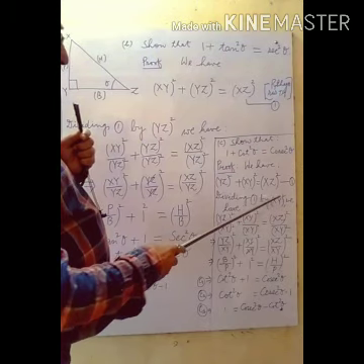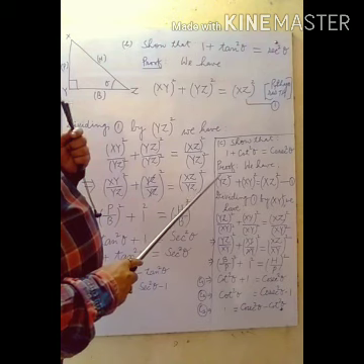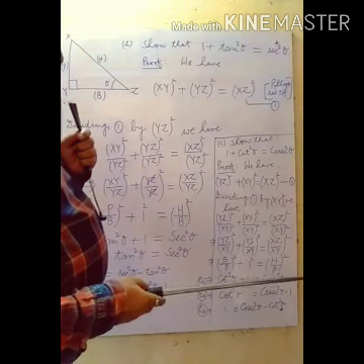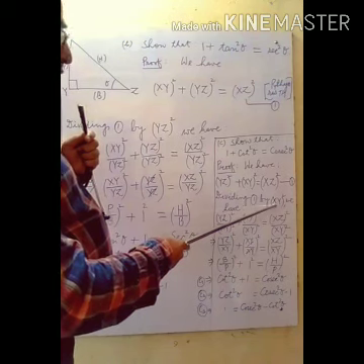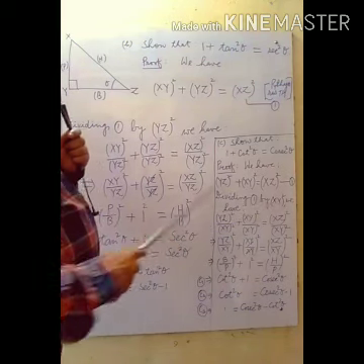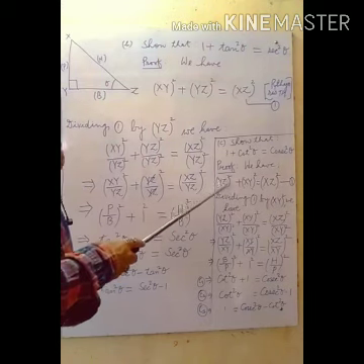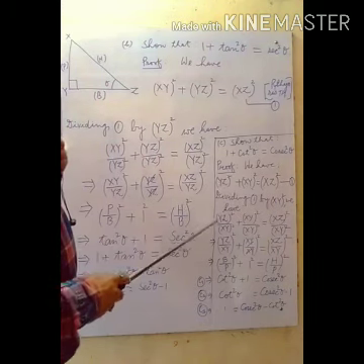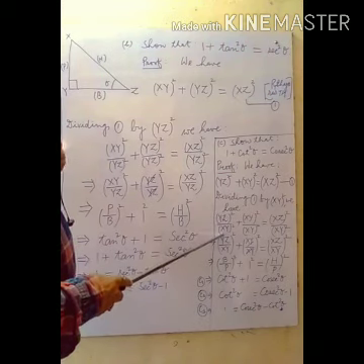Now dividing the equation by which one? Xy whole square. Dividing means the left hand side will be divided as well as the right hand side, with the same fixed quantity, and that is xy whole square. Now first we divide the left hand side: yz whole square is noted down and it is divided by xy whole square.